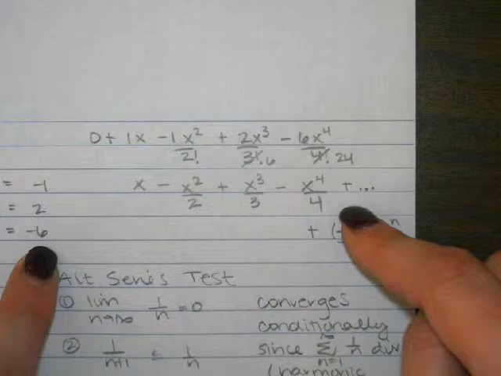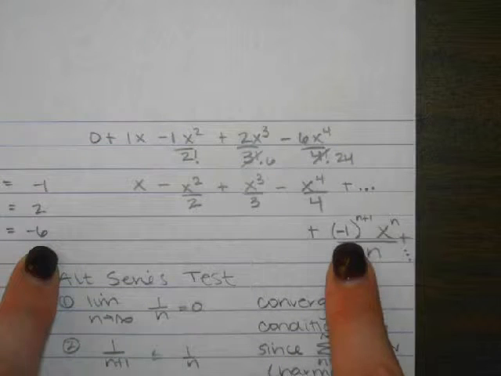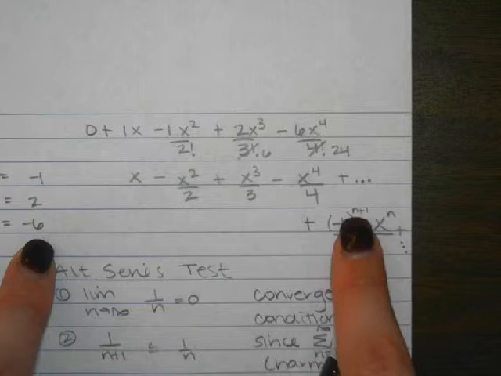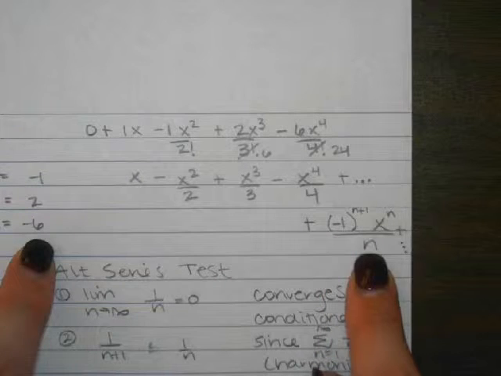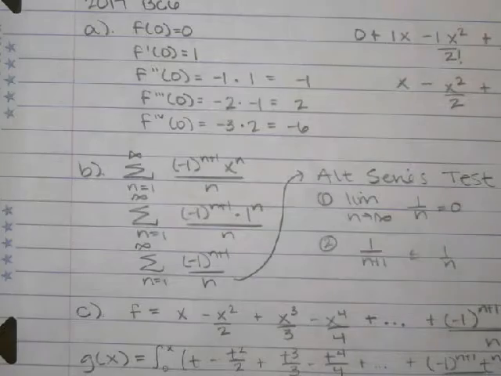We'll have to look when we score the student samples to see if that helps. And then your general term is negative 1 to the n plus 1 times x to the n over n. There's your general term.